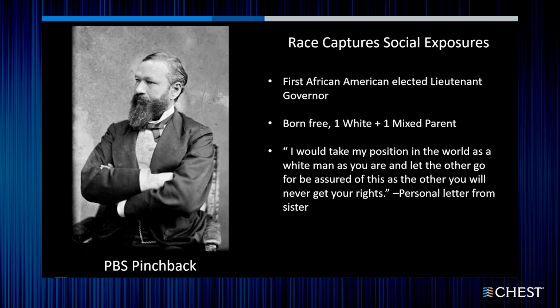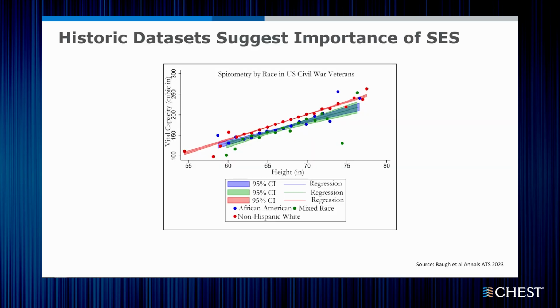He was denied promotion in the army many times because of his race. And you saw what his sister told him. And these mixed-race individuals in the Reconstruction era make for us an interesting experiment because we have data from them thanks to the large spirometry experiment done by Benjamin Gold of Civil War veterans.